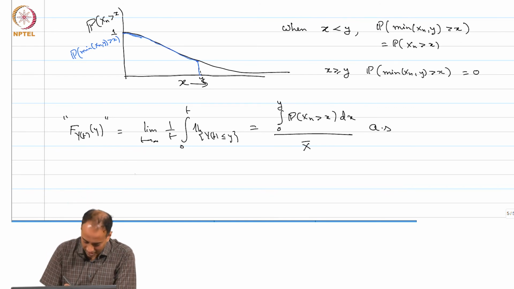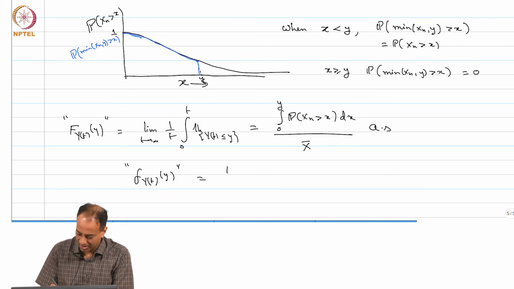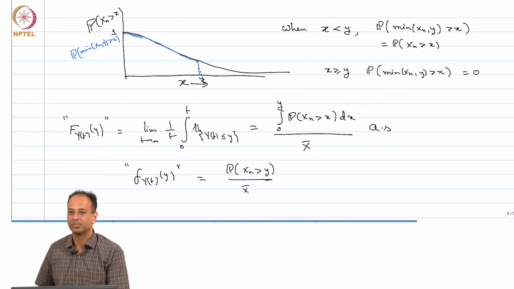So, we can actually speak of some sort of a density, with the same understanding that it is not quite entirely rigorous, of that form.